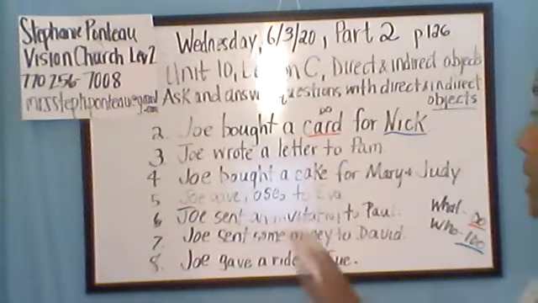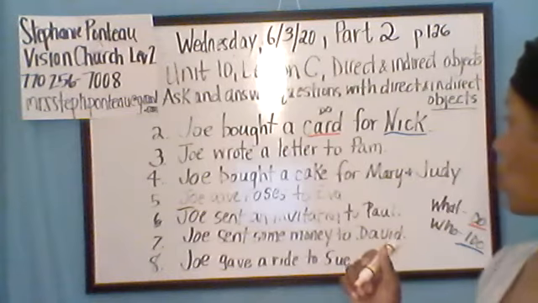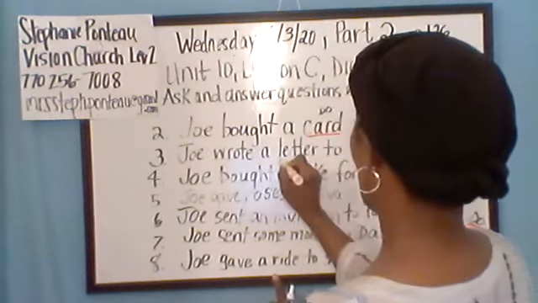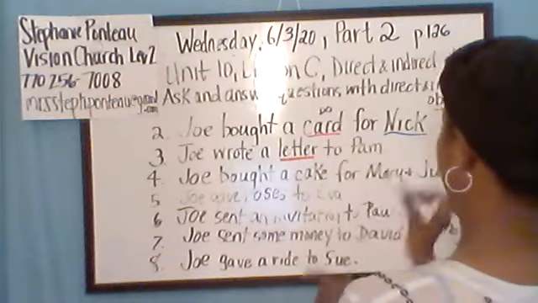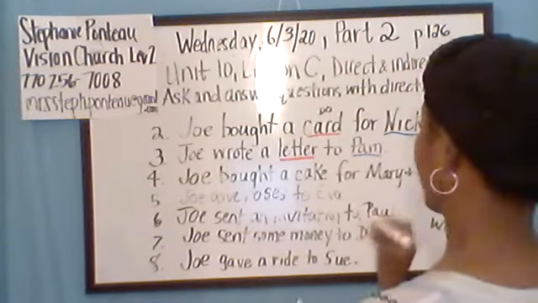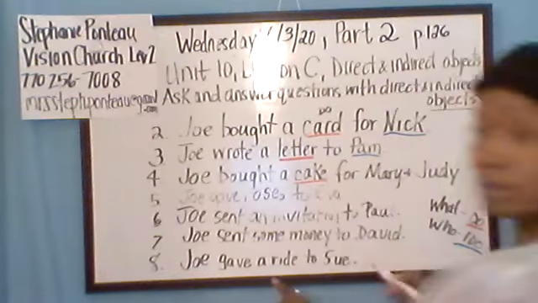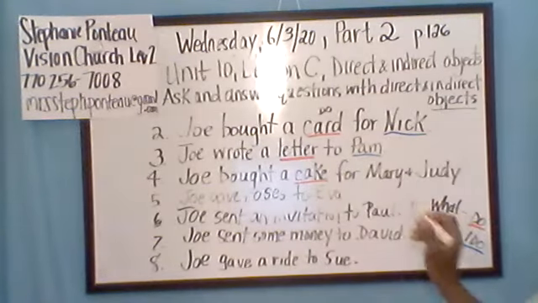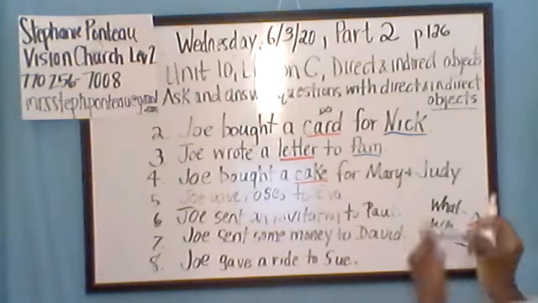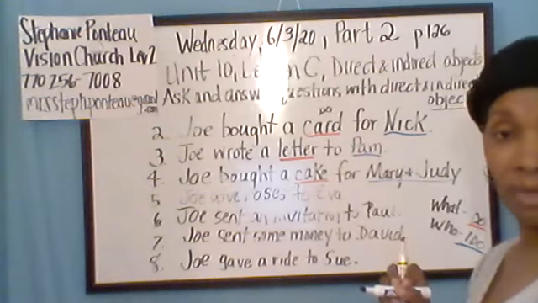So, number 3, Joe wrote a letter to Pam. What letter? Who got that letter? Pam. So Pam is the indirect object, okay? Joe bought a cake. What? Direct object is the cake. And the indirect object is Mary and Judy. All right, so you see how that goes?